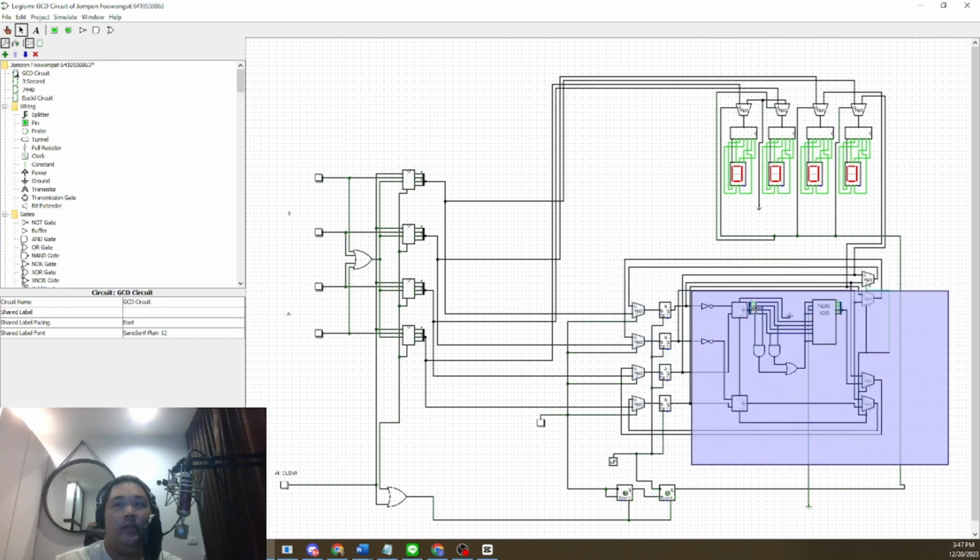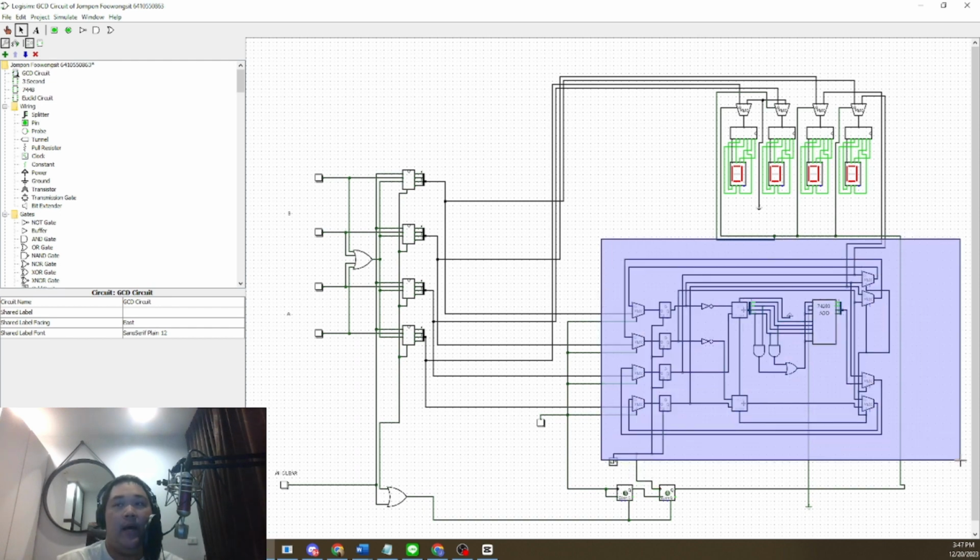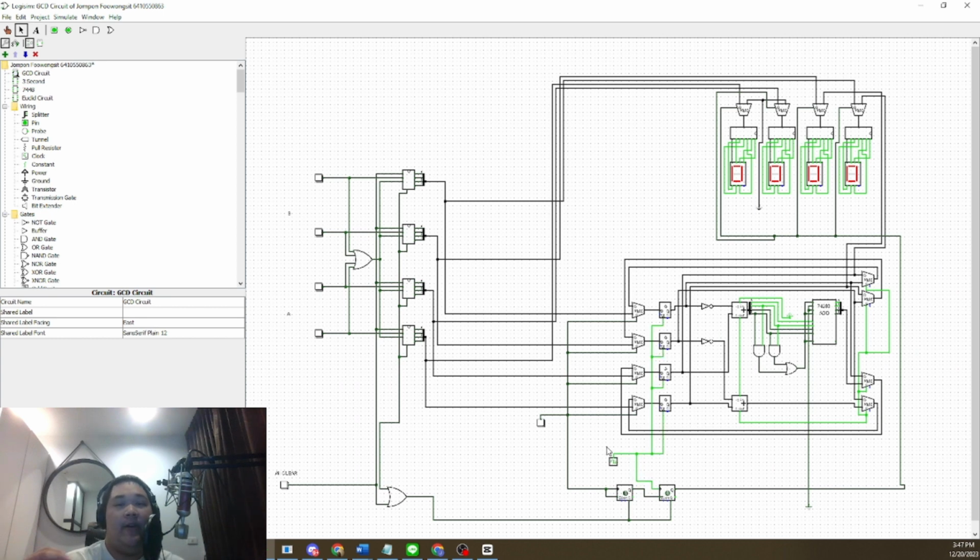We calculate by the tick time. Here you can see the tick time, and the button here is for starting the calculation. After that, when we get the answer, you can see the multiplexer will show the answer here.